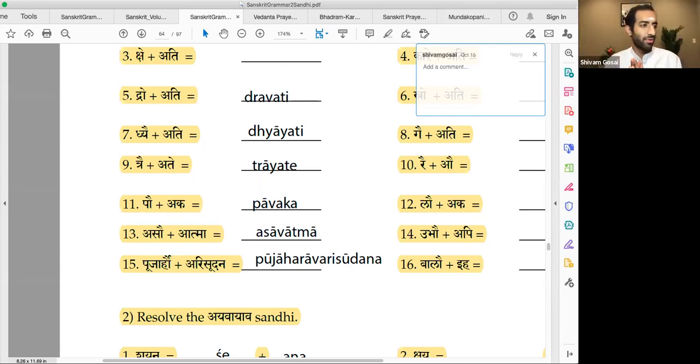I understand what you're going for, but that's not the problem that's given here. How do we know it is dra plus o plus ati or dra a ati? I don't think I'm following.